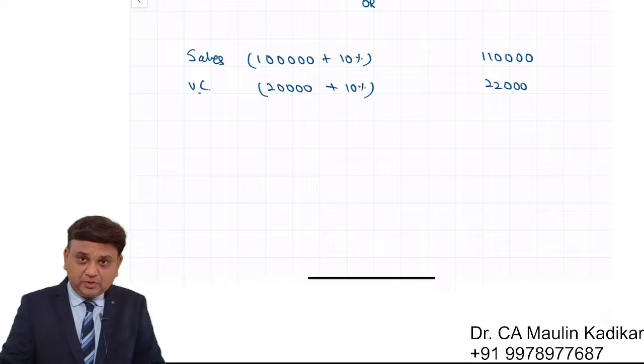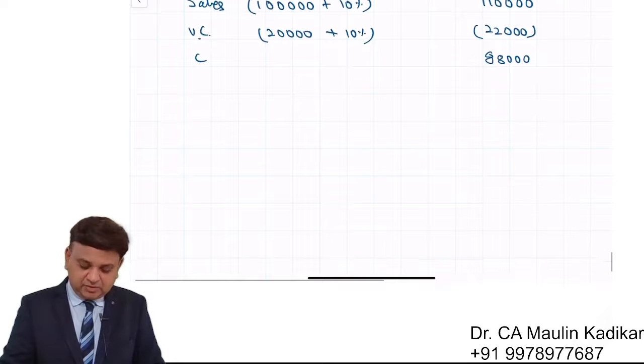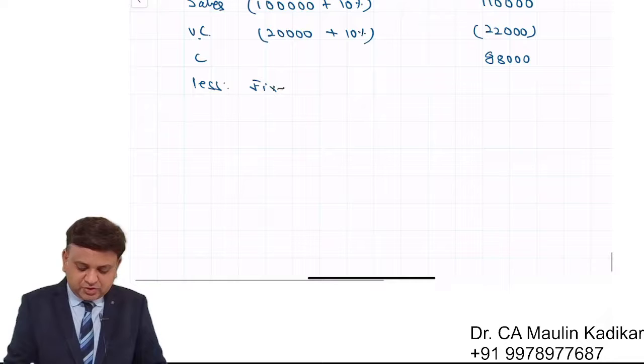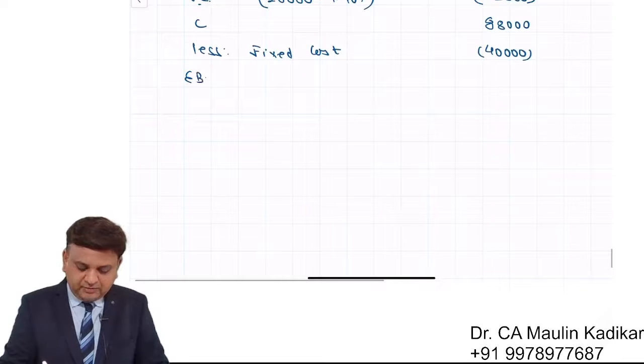That comes to 22,000. Contribution is the difference between both of them. That is 88,000. Less fixed cost. Fixed cost is not going to change. It will remain the same, 40,000. So earning before interest and taxes is 48,000.